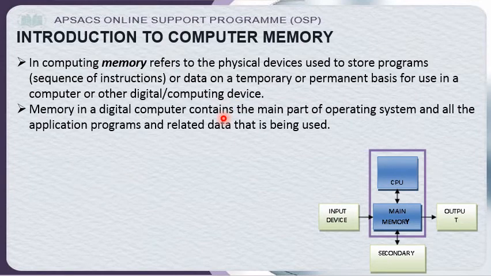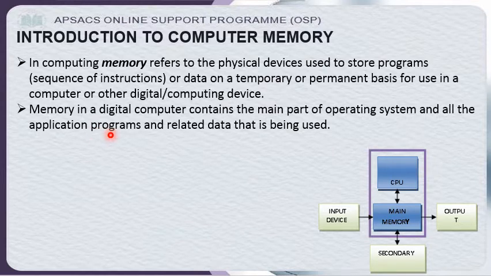Memory in a digital computer contains the main part of the operating system and all the application programs and related data that is being used. So this memory holds what? It holds the operating system, as well as the programs which you are running on your computer. Which programs?